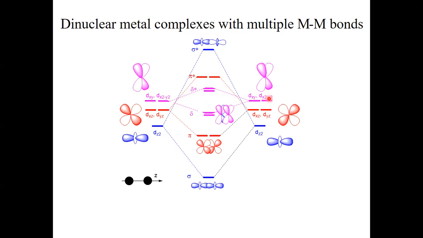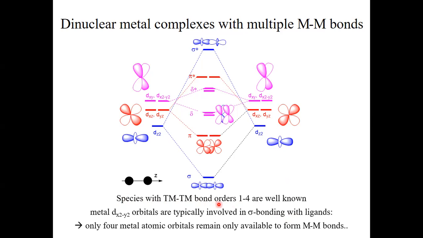That is because the ligands often approach on the x and y axes. So we have bond orders up to 4, but the metal dx squared minus y squared orbitals are, as I said previously, interacting with the ligands in sigma bonding, and therefore they are not available.